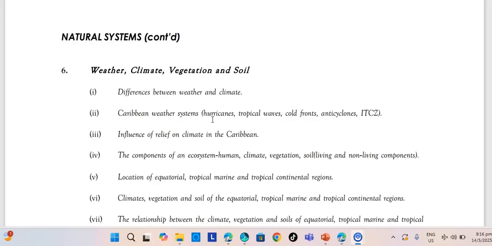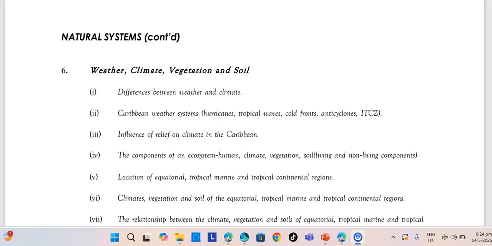In the Caribbean, cold fronts usually come from North America during the cooler months.